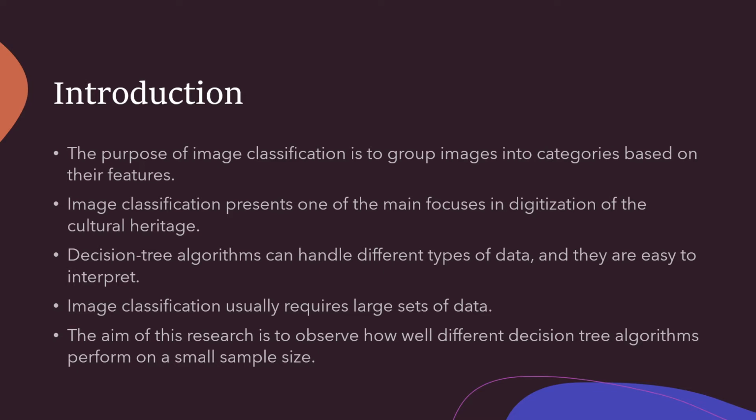To classify images, we can use different types of algorithms, but in this study the focus was on using decision trees as they can handle different types of data and they are easy to interpret because their interpretation follows an if-then logic. Image classification usually requires large sets of data in order for the algorithm to recognize the patterns from the image and thus perform accurate classification.